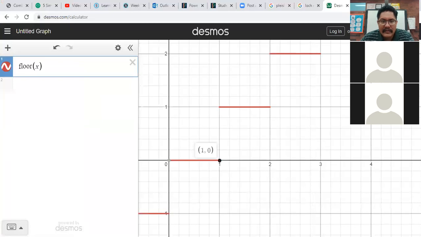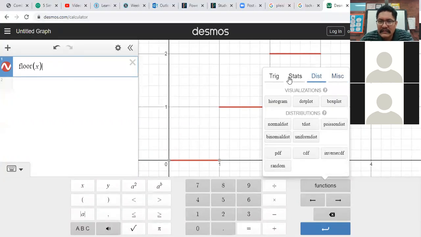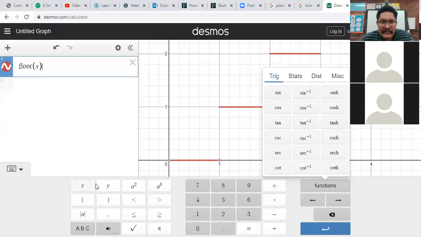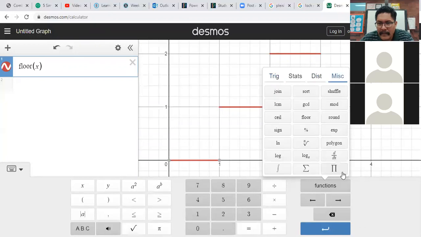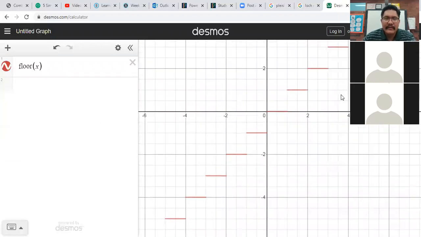So I don't know if I'm picking the wrong function. But it looks like you would still be able to do the same thing that we did on the other one.